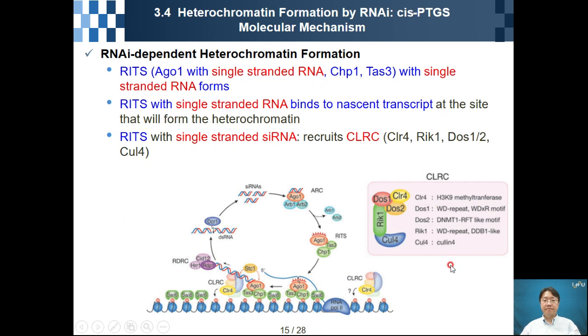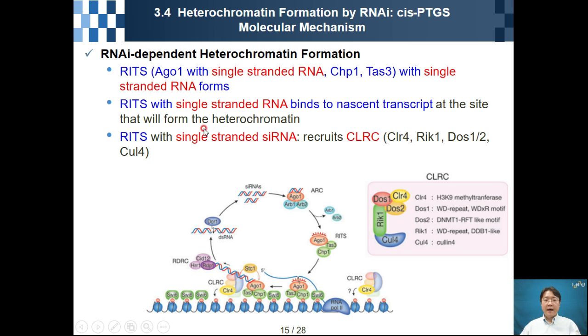So at that point, the RITS complex is formed. RITS is AGO1 with single-stranded RNA and also CHP1 and TAS3. So this is RITS, AGO1, TAS3 and CHP1, and RITS with a single-stranded RNA forms like this.